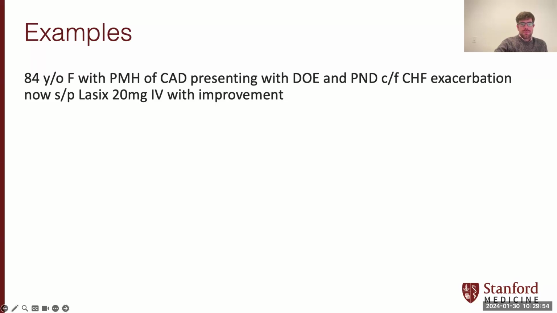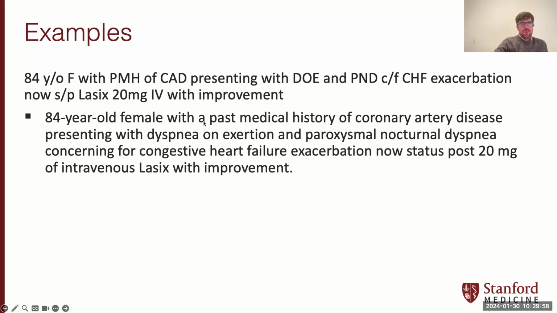Yeah, so adding on to what we did before. So this is an 84-year-old female, same past medical history, same presentation, coming in with the heart failure exacerbation, for which we gave Lasix, which is a diuretic that helps relieve congestion. We gave it 20 milligrams through the veins with improvement. So the patient is feeling better after the medication that we gave via the intravenous route.